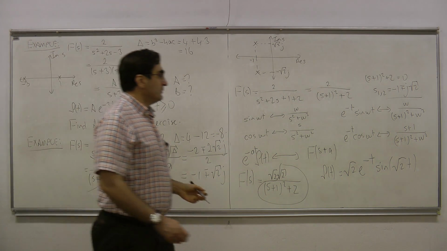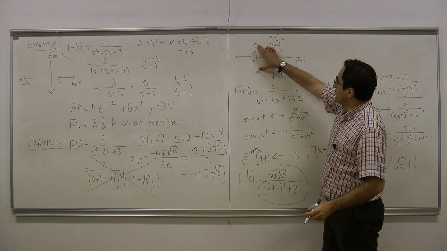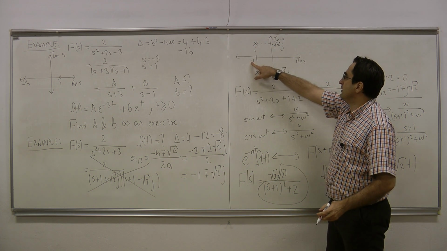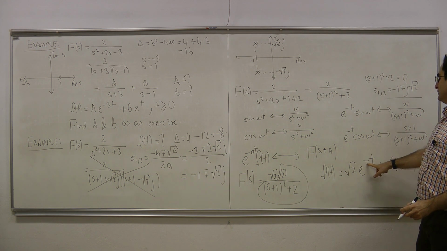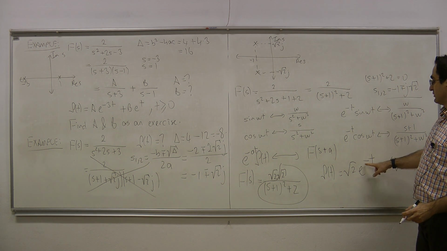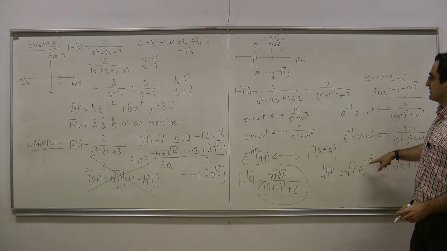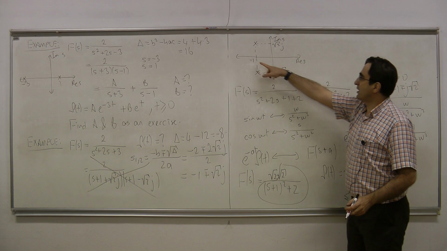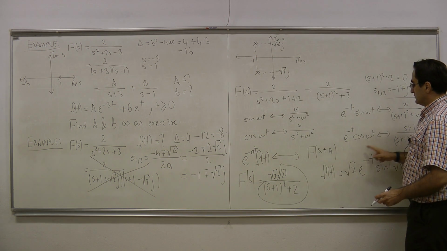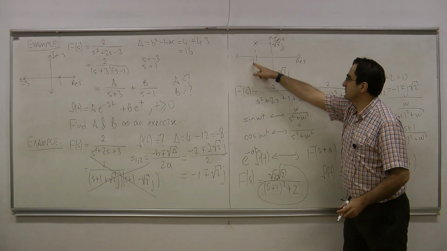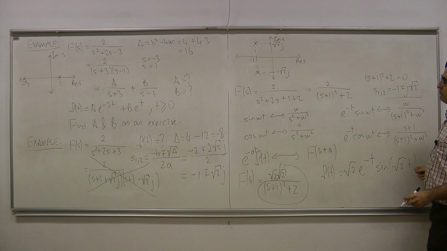You see here that when I have poles at these complex locations, the real part determines this factor in the exponential. This is e to the minus 1 times t. That minus 1 is coming from the real parts of these poles. The real part is determining the decay rate of the oscillation here.